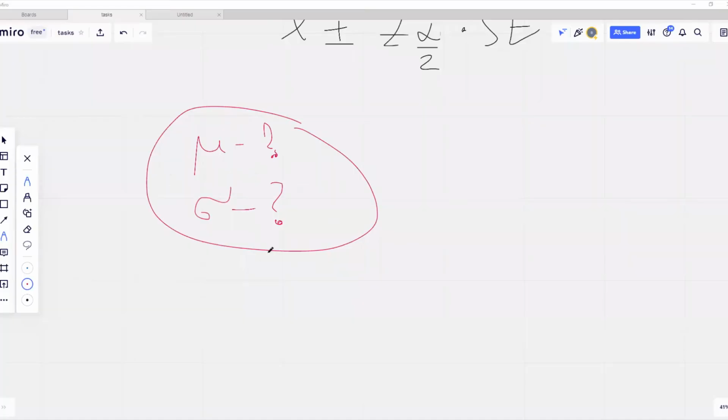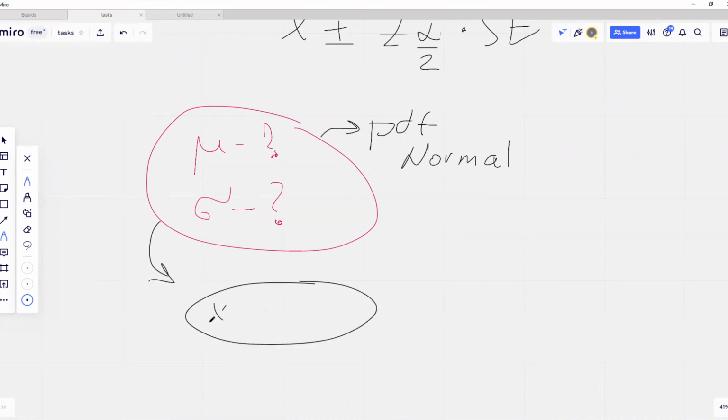Now let's further generalize our problem. Let's assume that the population mean is unknown and the population standard deviation is also unknown. Let's add the assumption that the population follows a normal distribution, so the PDF here is given as normal. Let's assume that we draw a sample of size n, where n is small.